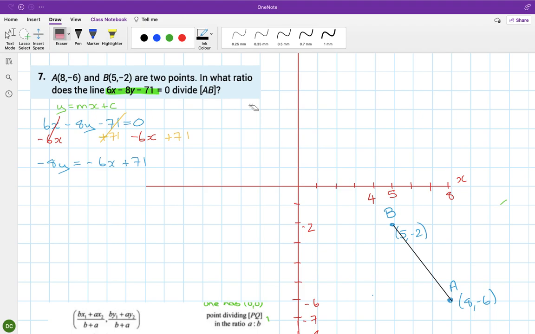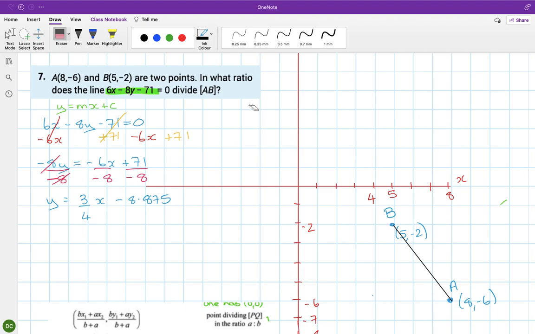Then divide by minus 8. The two minuses cancel, and that simplifies to y equals 3/4 x, minus 71 over 8. For the sake of plotting it, 8.875.